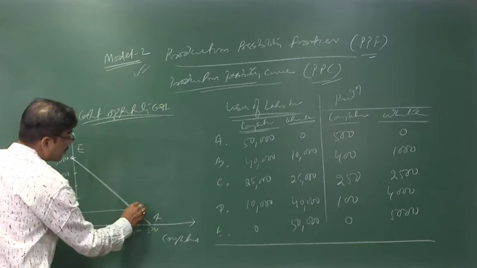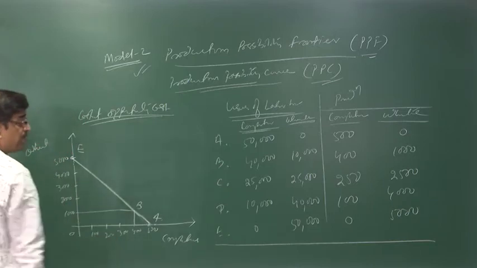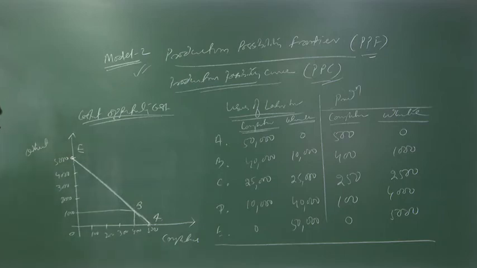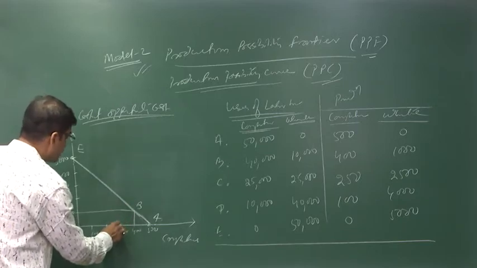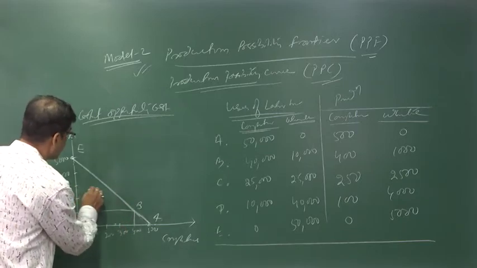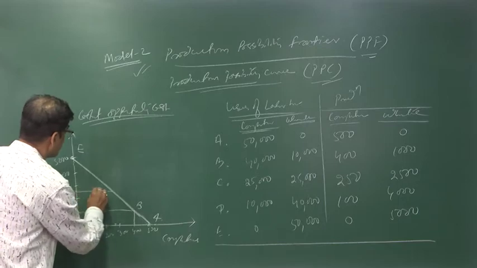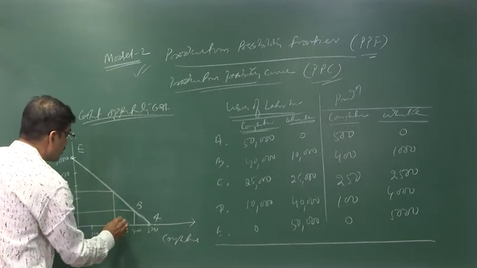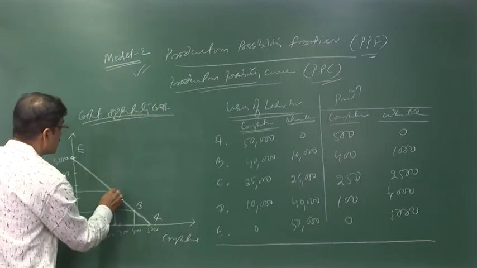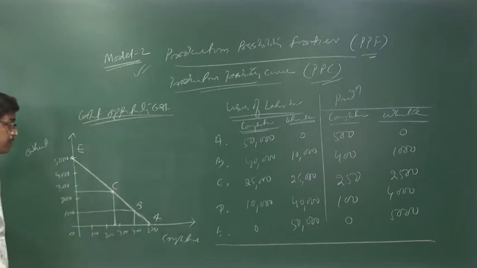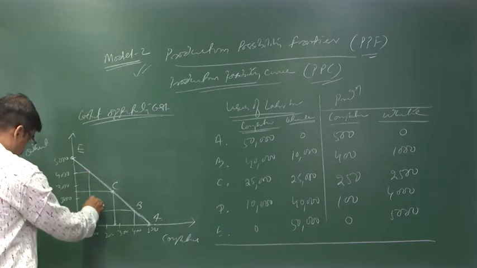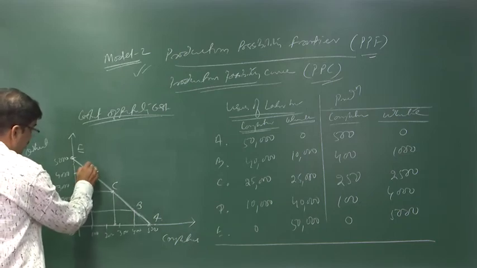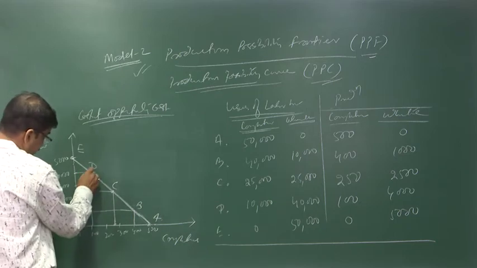This is called point B. Similarly, we can take 250 here and 2500 here, 250 and 2500, this is point C, and 100 and 4000, this is point D.